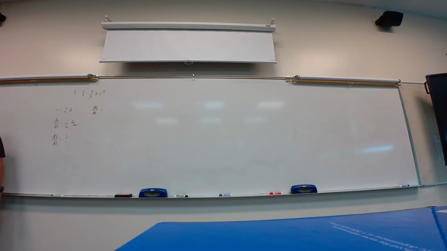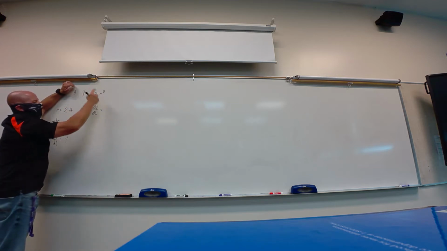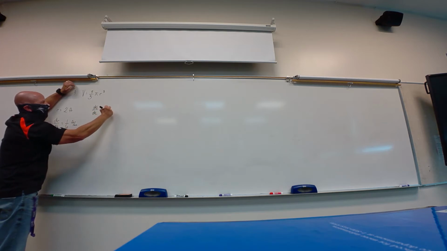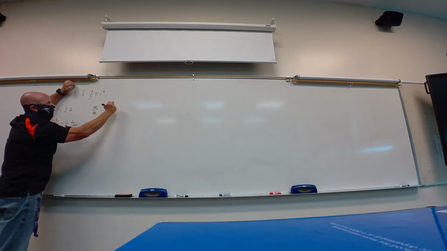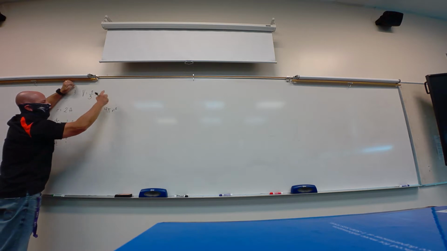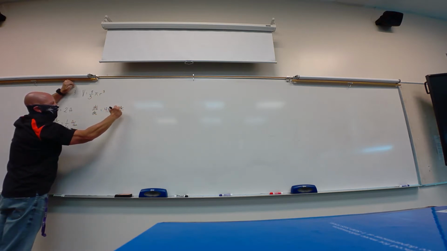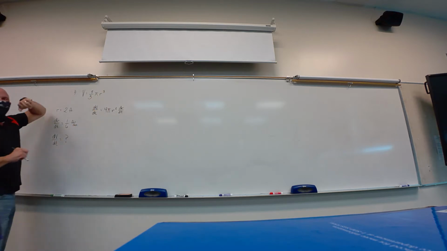Right side, power rule. 4/3 pi is just a constant. I'm not worried about that. That 3 is coming down. So if that 3 comes down, 3 times 4/3 is just 4 pi r squared times the derivative of the inside, dr dt. There's that chain rule.